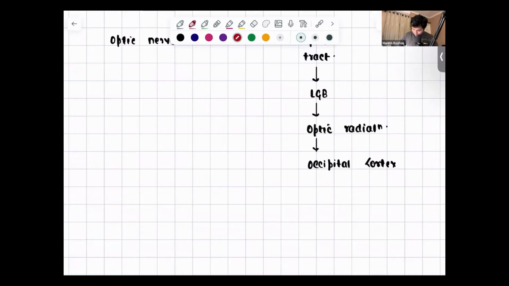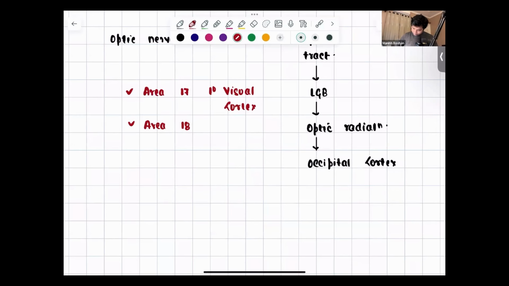Now, in the occipital cortex, we have area 17, that is called the primary visual cortex. We have area 18, that is called the secondary visual area.